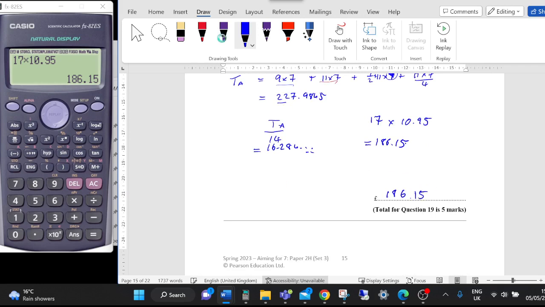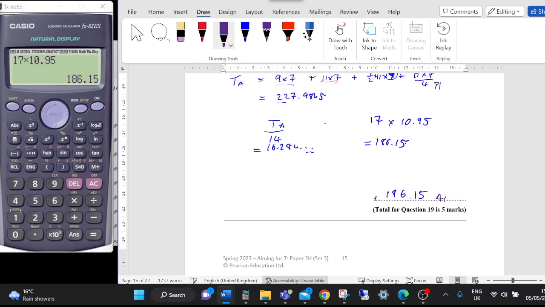£186.15. So the mark scheme states an A1 for that value. So it's A1 for the answer. Then we've got P1 for the process to find at least 3 of the 4 areas, so that's this line here.